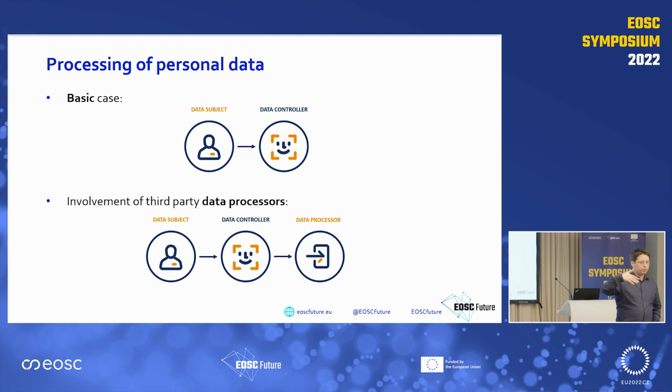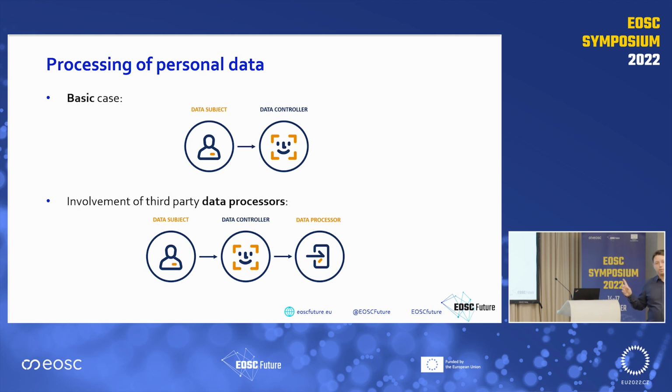So, in order to execute the payment, some data processing needs to take place. Your bank account details need to be processed, and sometimes it's another external company which is specialized on payment processing or HR management, whatever aspects, that actually does this on behalf of the controller.